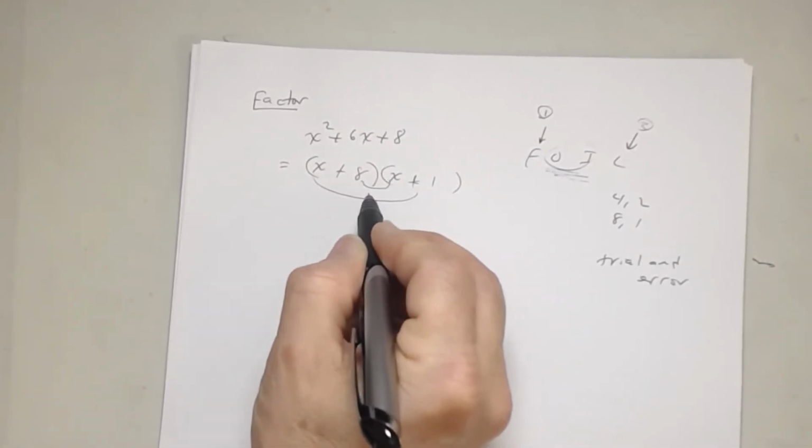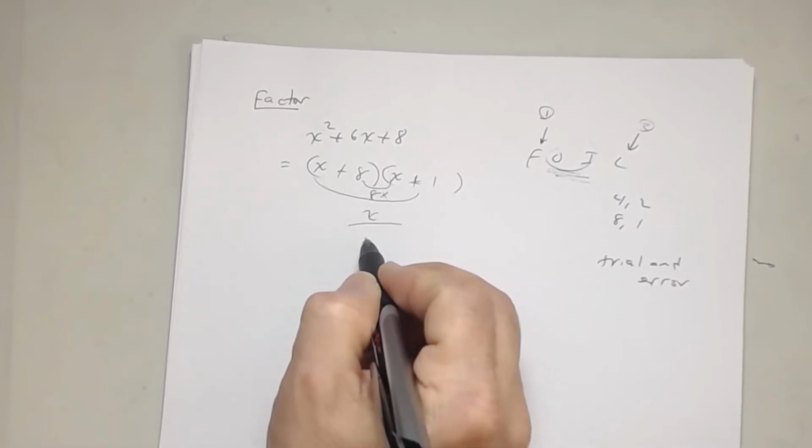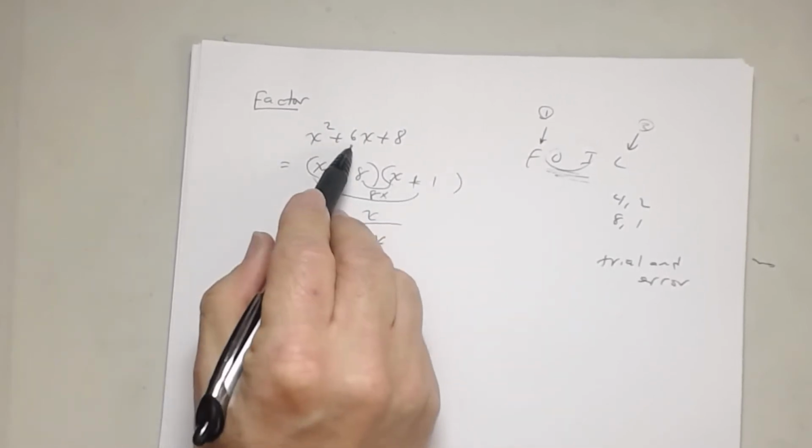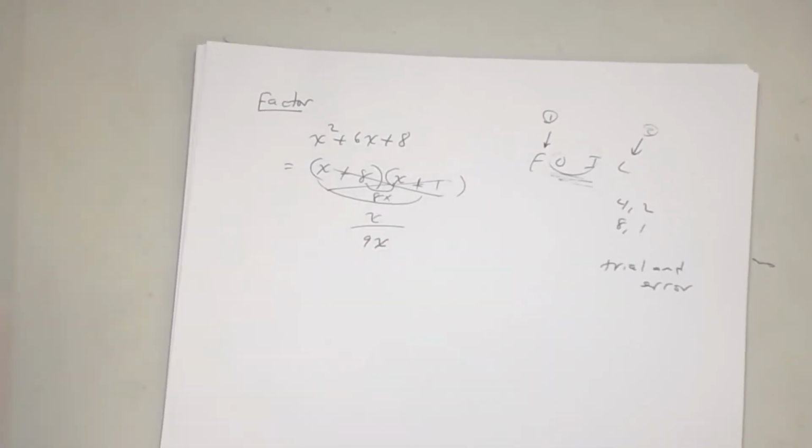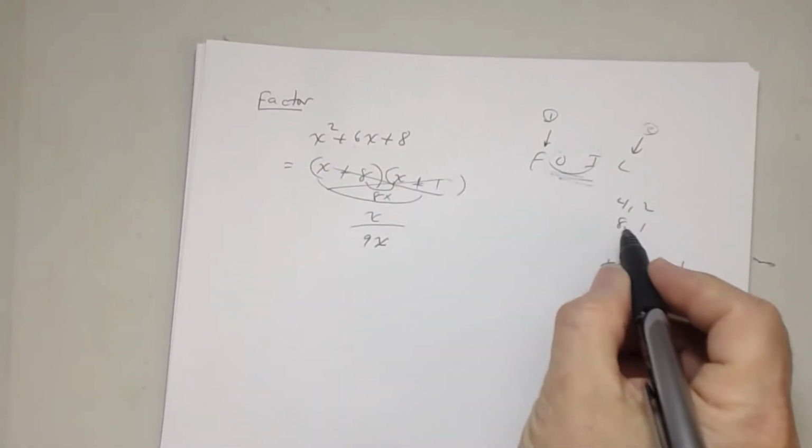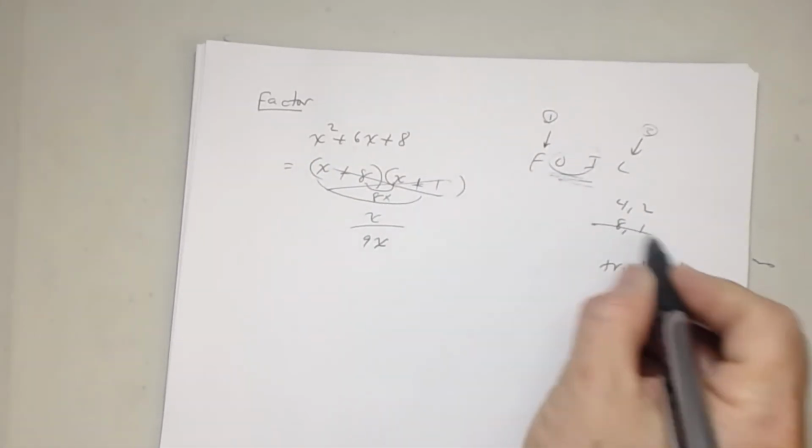X. What's the inner? When I add them up, what do I get? Is that what I wanted? No. So that's not correct. If you switch to 1 and the 8, would that help you at all? No. You'd still get 9x. So that means that I've exhausted all possibilities for 8 and 1.